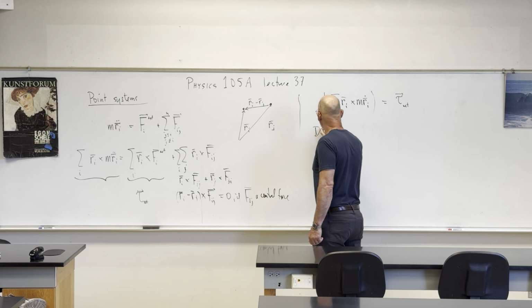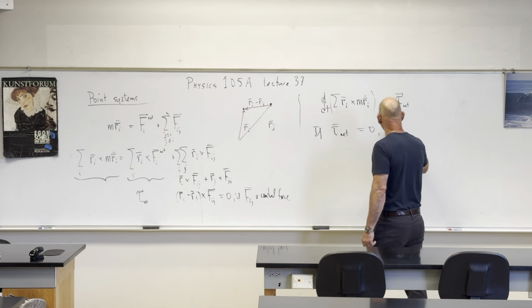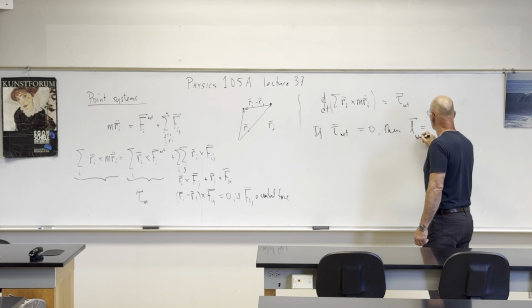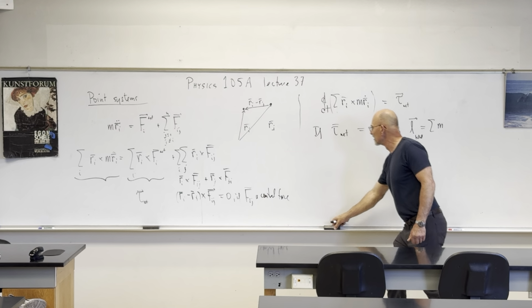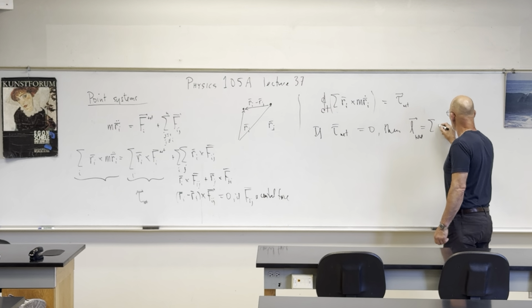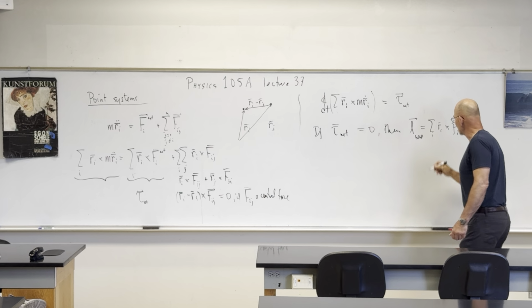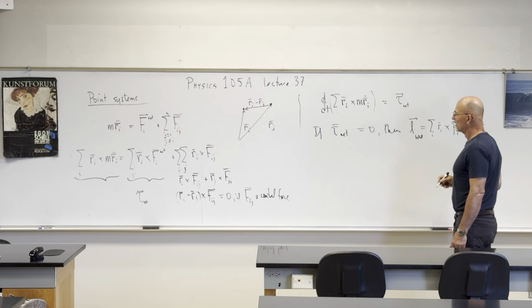So if tau net equals 0, then I'll call this L total, which equals the sum of r sub i cross p sub i, I'll go ahead and write linear momentum like that, equals constant.